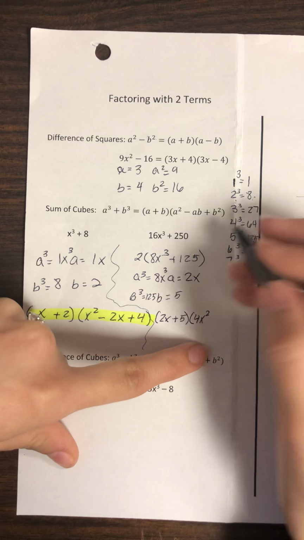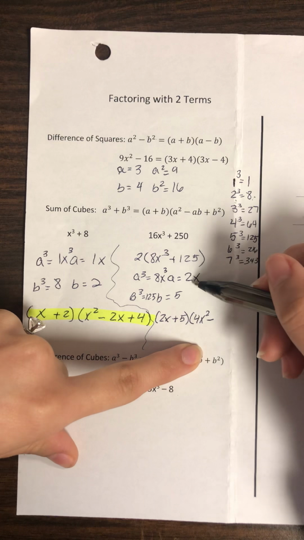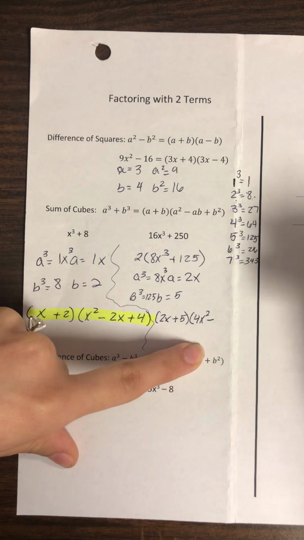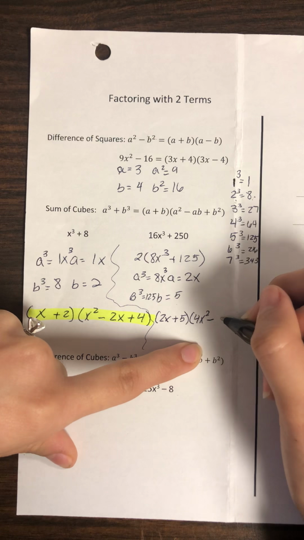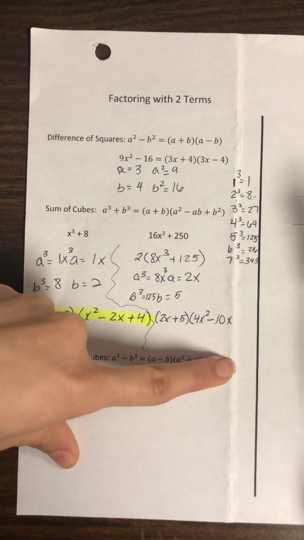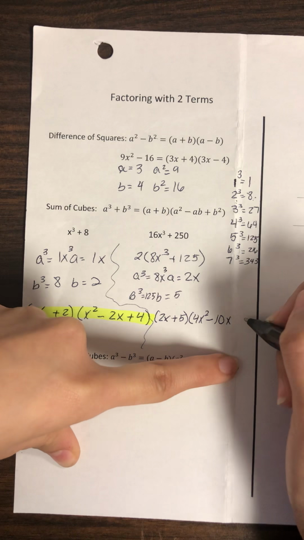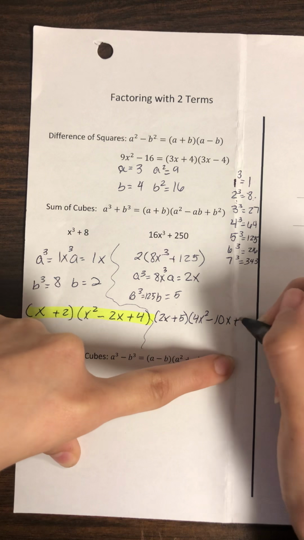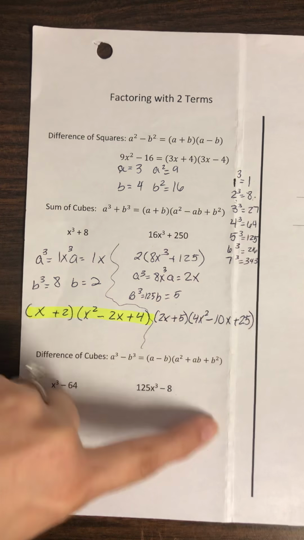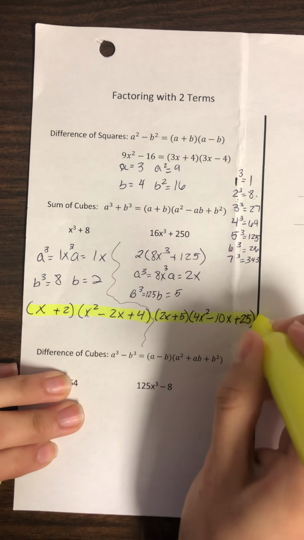And then minus, because it's minus, ab. So 2x times 5. Well, what's 2 times 5? 10. And keep that x, and then b squared. So what is 5 times 5? Yes, 25. And that's it.